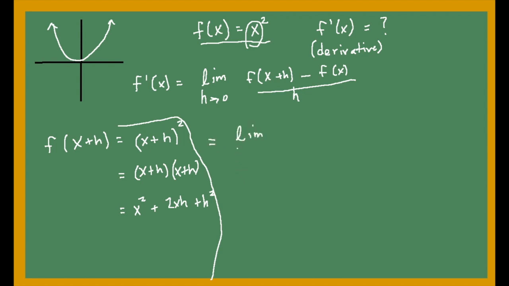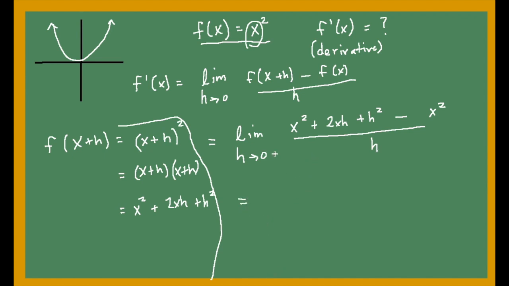We say the limit as h approaches 0, as h gets smaller and smaller, the distance between our 2 points. f of x plus h is x squared plus 2xh plus h squared. That got subbed in here. And then minus f of x. f of x, like we said, is just x squared, all over h.